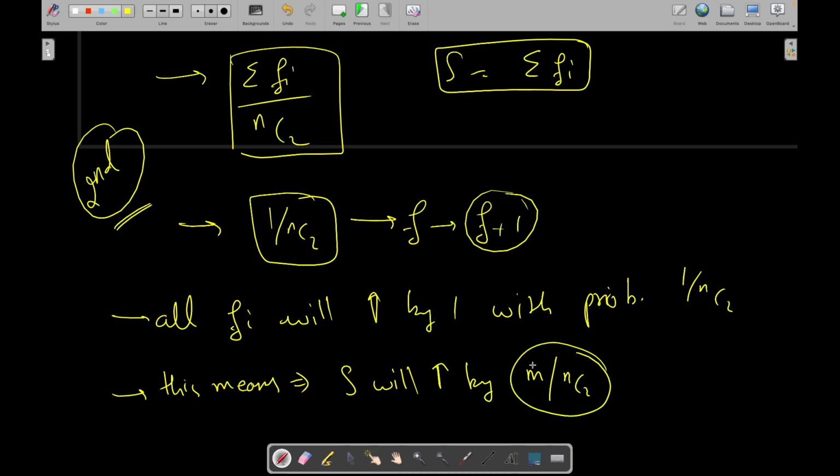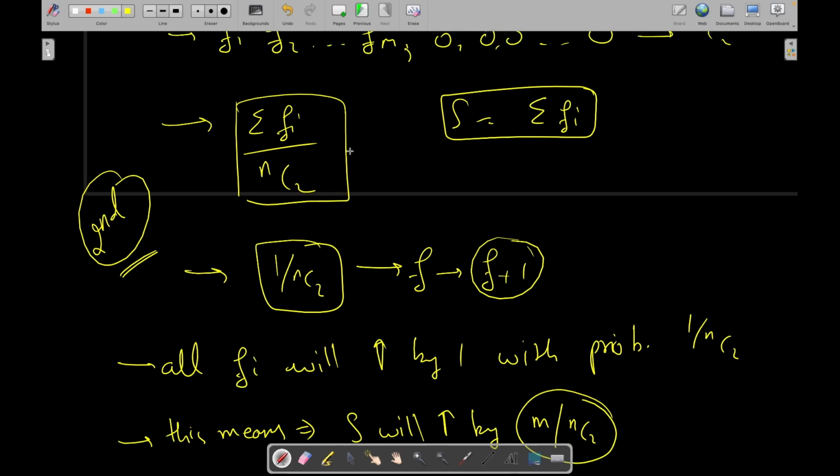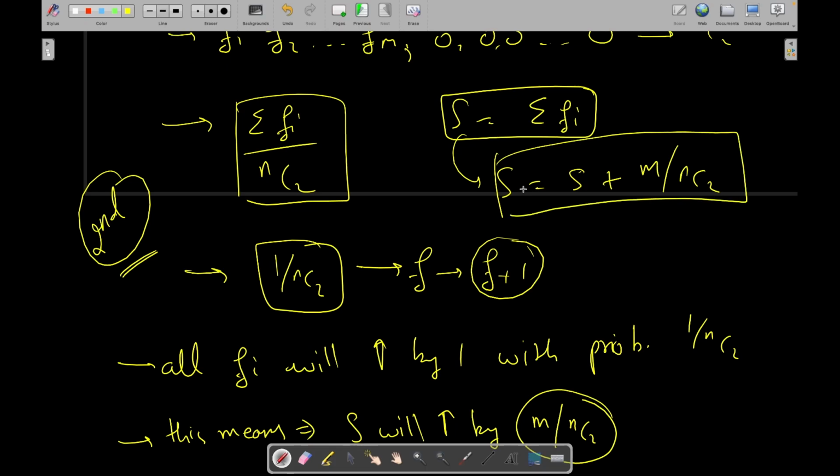Do you agree with this? Think about it. For the first excursion this is okay, but for the second iteration, my S will become S plus M upon NC2, right?